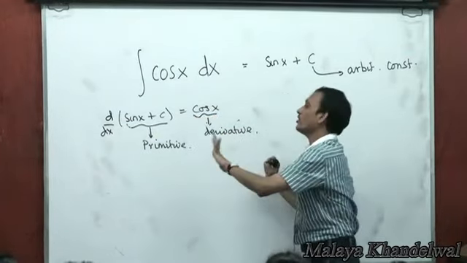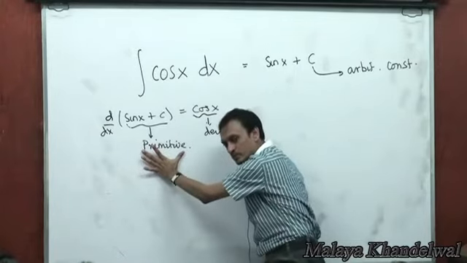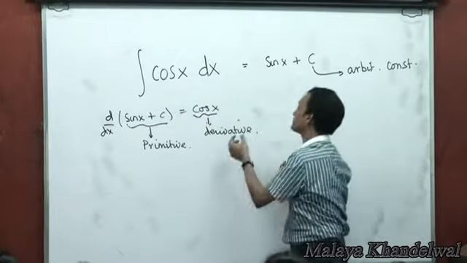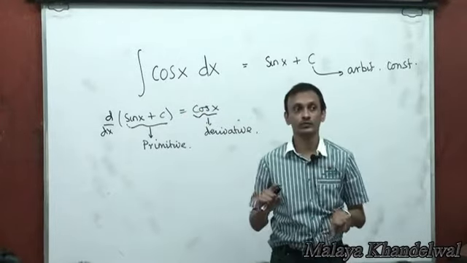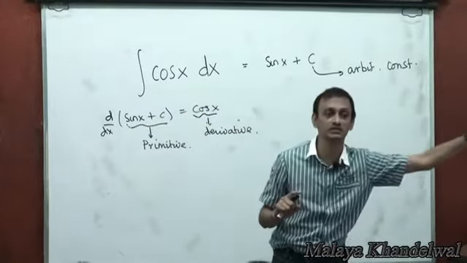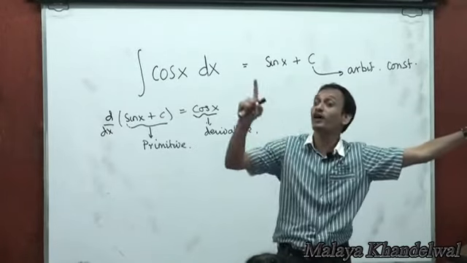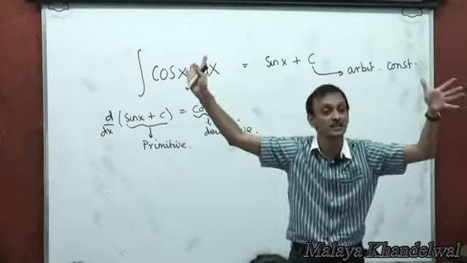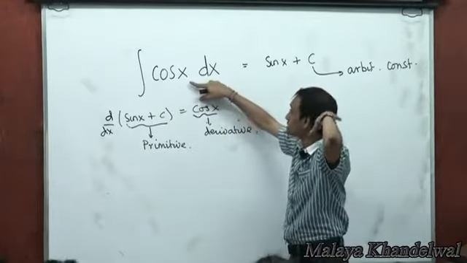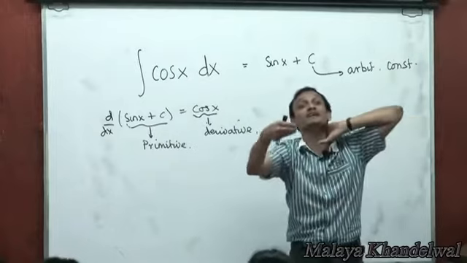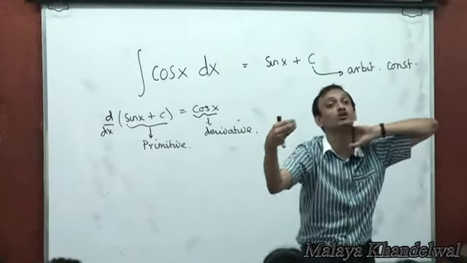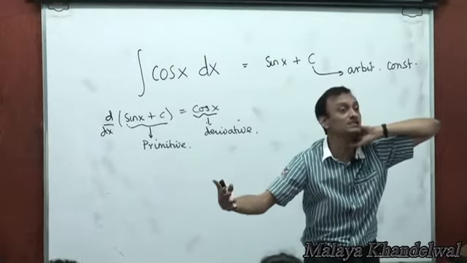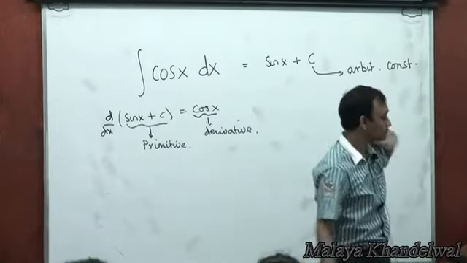Integration involves knowing the derivative and going back to the primitive. You have to find a function which, when differentiated, gives you that function. So integral cos x dx means find a function which, when differentiated with respect to x, gives me cos x. You know that the answer is sin x plus c in general.